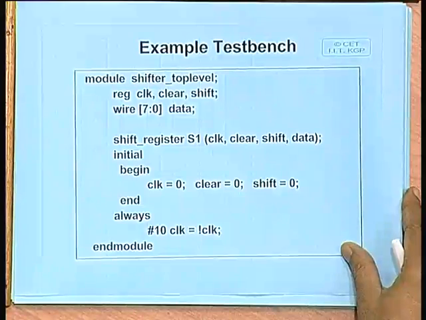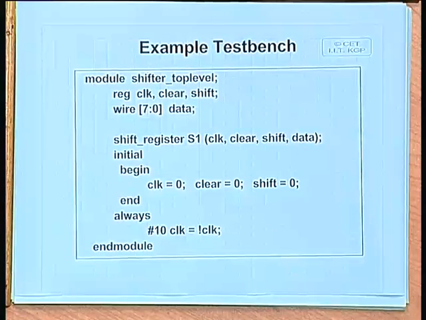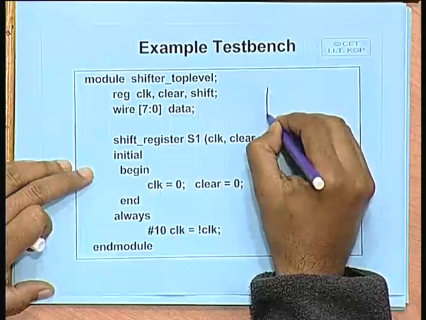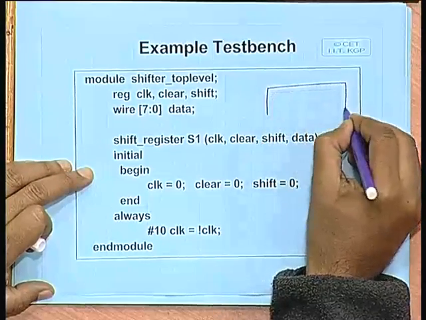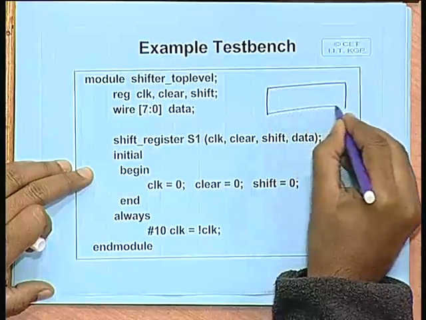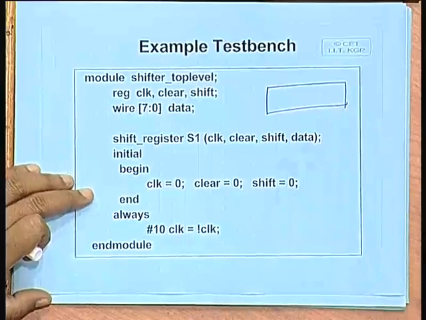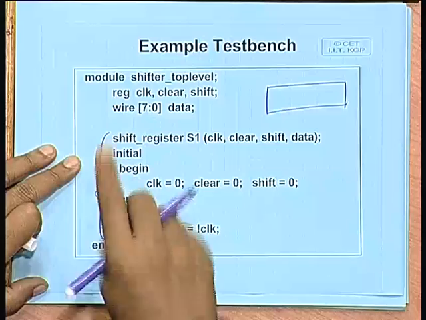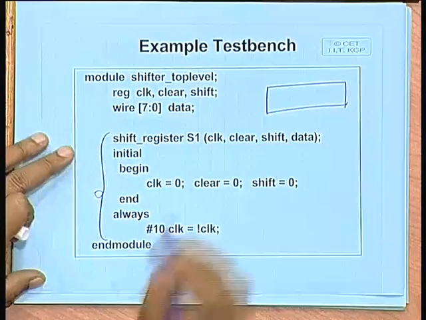So now let us look at some example test benches. Fine. In this example we are considering a shift register. Here we are showing only part of the test bench, not the whole thing.